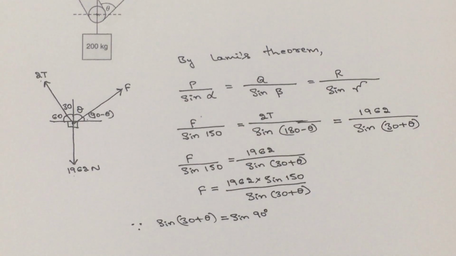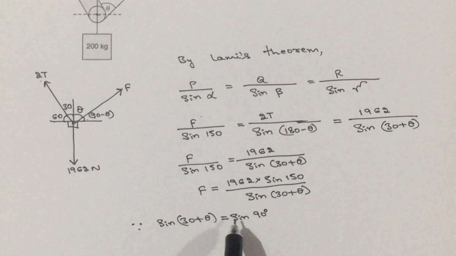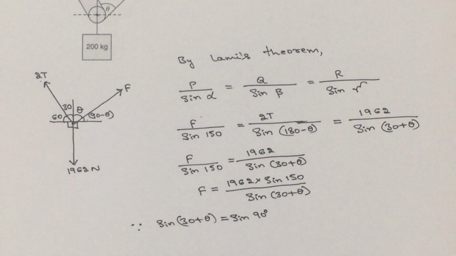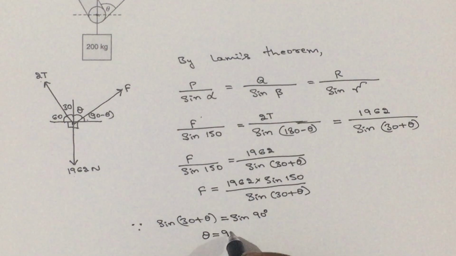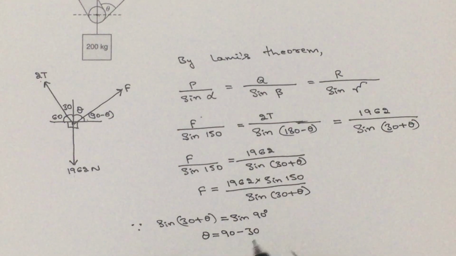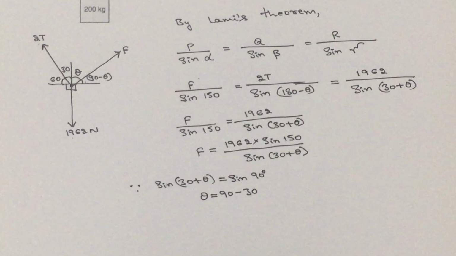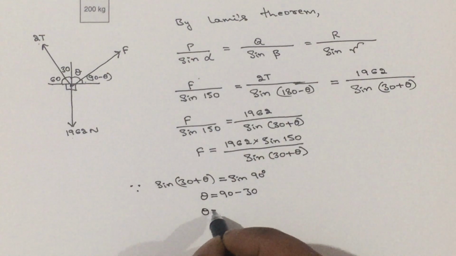All the values are between minus 1 and 1. So, the maximum value of sin of 30 plus theta is 1. When does it become 1? When it is sin of 90 degree. So, sin gets cancelled, we will get 30 plus theta is equal to 90 degree, or theta is equal to 90 minus 30, that is theta is equal to 60 degree.